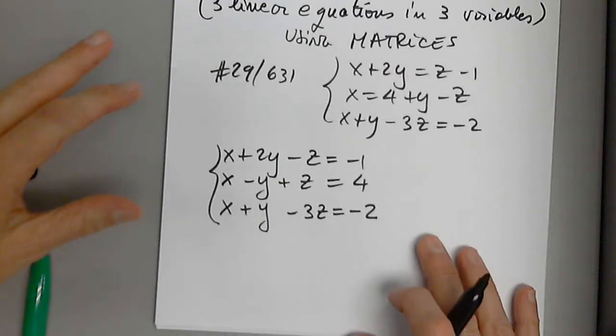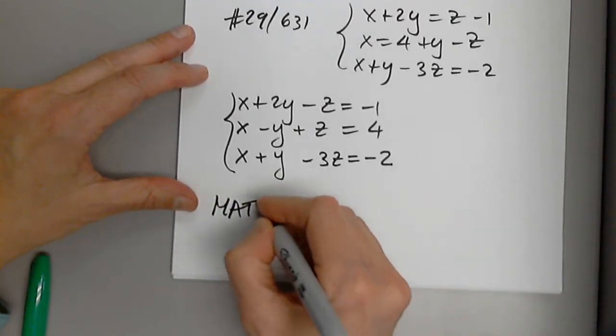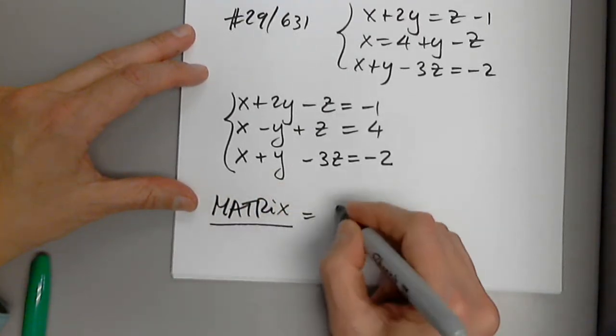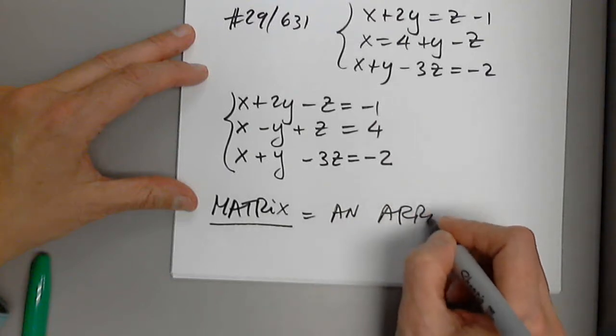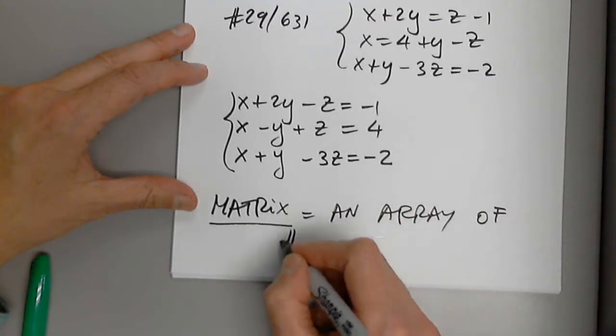Then we have to define what is a matrix. A matrix is an array of numbers.